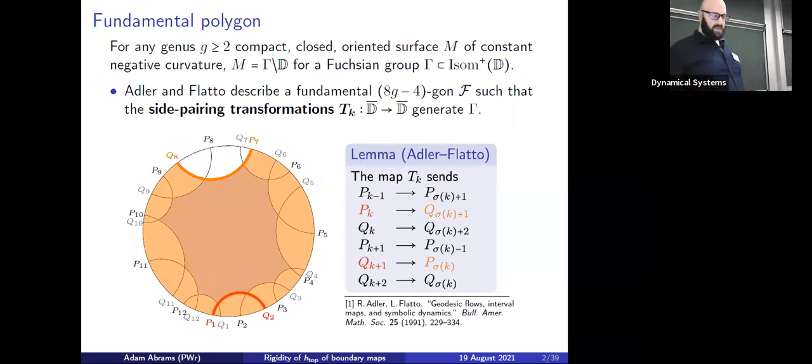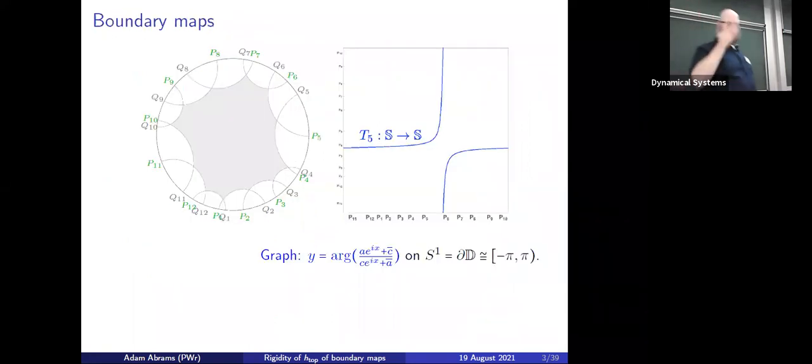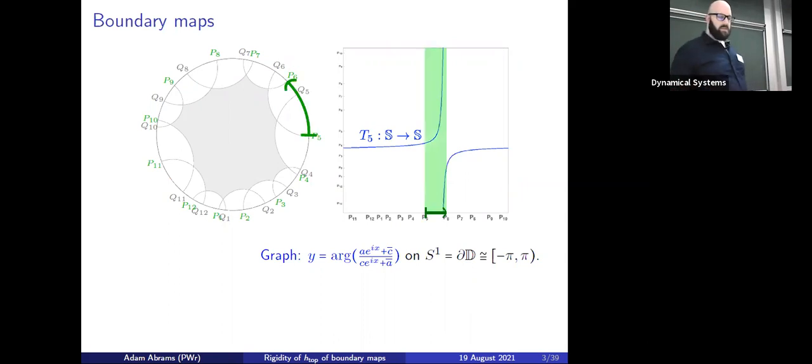If we look at a graph of, well, I switched to T5 for some reason, but for any of these generators, as I'll call them because they do generate the Fuchsian group, the part of this graph between P5 and Q5 for the map T5 has a large derivative because it's taking this small interval to a very large interval.